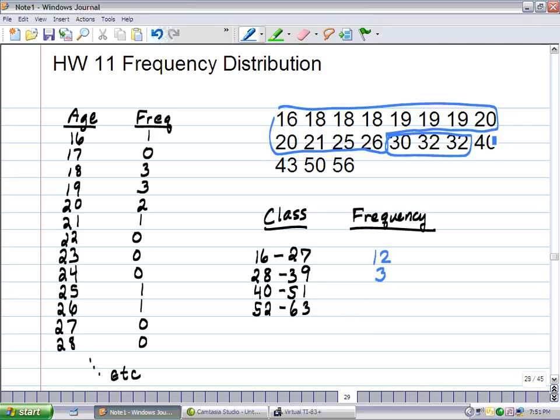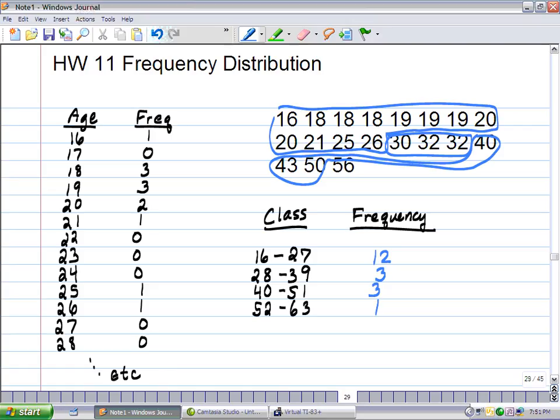How many in the next class? Those 3. And how many in the last class? Only 1. So I have made a frequency table, and I have made a frequency class distribution table out of the data.